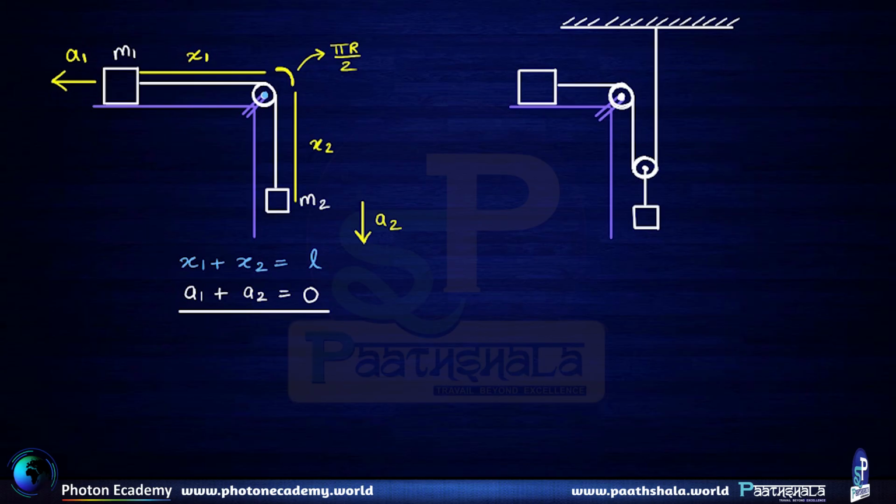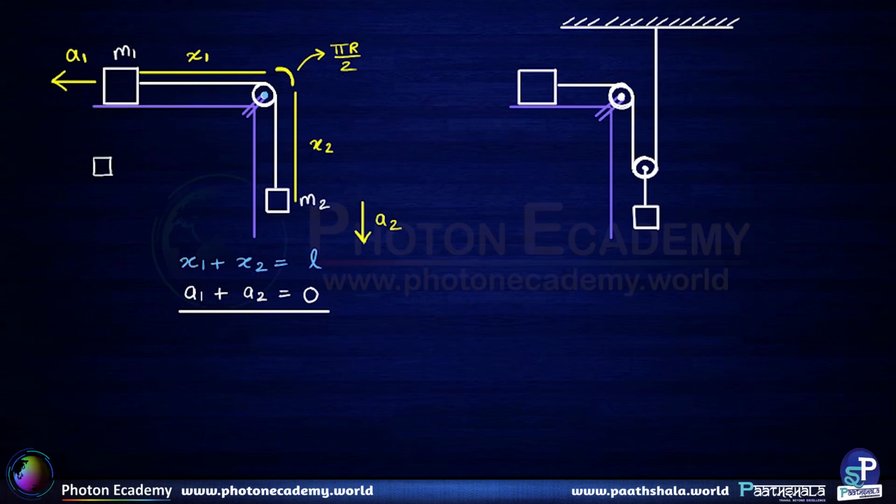Whereas if you do the force dynamical analysis of the mass m1, then in that case you can write down the tension force to be towards the right. So here a counterintuitive equation is going to come, because positive direction we have assumed to be towards the left as far as the mass m1 is concerned.